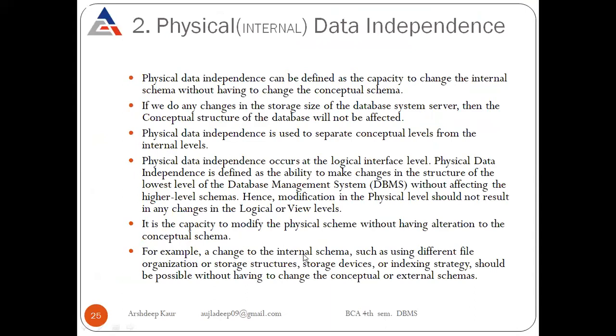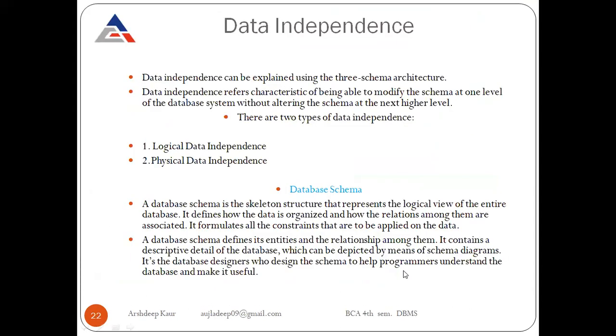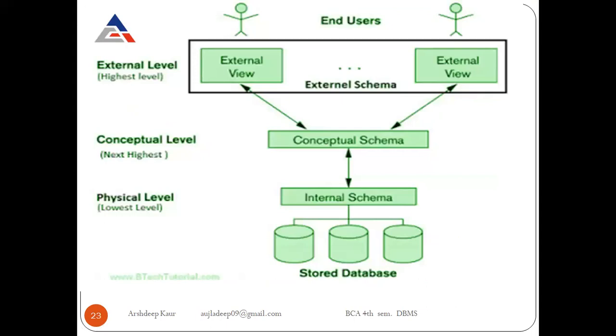For example, a change to the internal schema, such as using a different file organization, or changing the storage structure or storage devices, does not cause any change to the conceptual or external schema. Ultimately, the working of data independence is that if we make some changes in the logical data, it does not reflect back to the conceptual or external data.